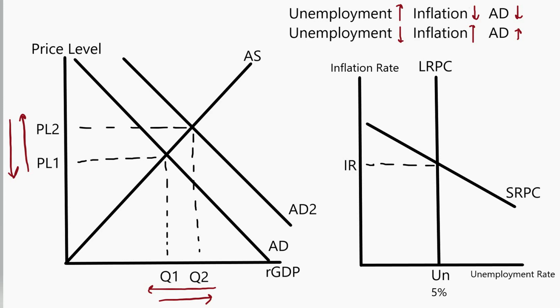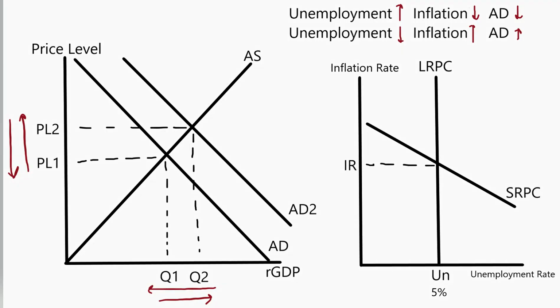So you have the long run Phillips curve here, and you have the short run Phillips curve here. They're abbreviated as LRPC and SRPC. And changes in AD lead to a point shifting across SRPC.